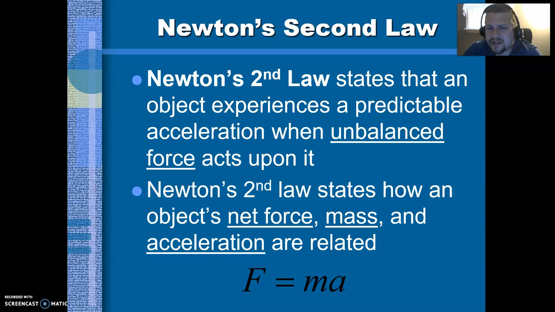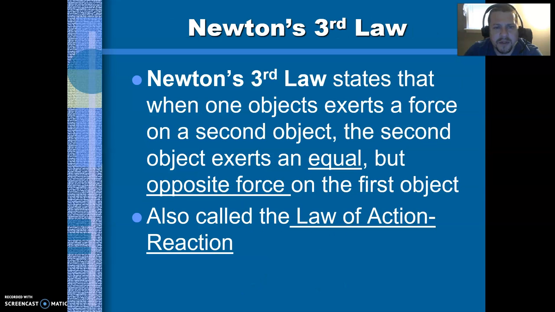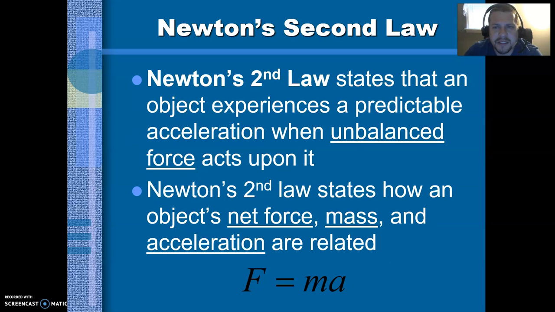So it makes sense that if we compare objects being hit with a force, objects with a lower mass would accelerate more, which is that same idea we got from Newton's first law. It's just that this one's purely for the unbalanced force side of things.